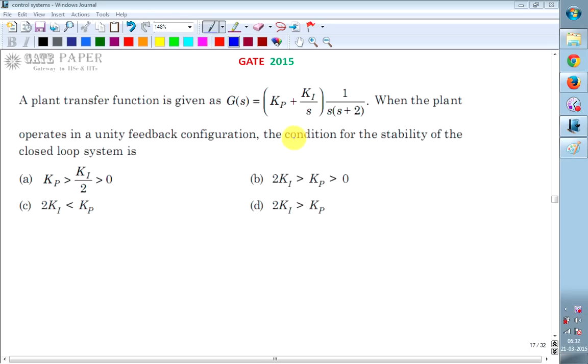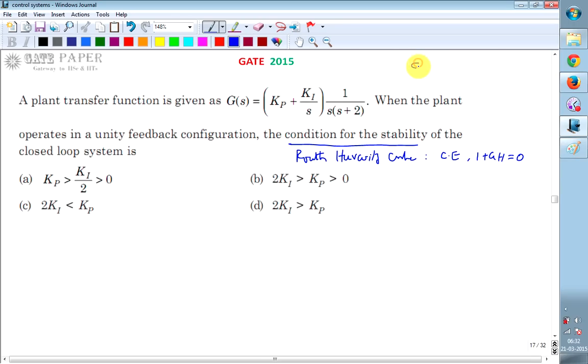Condition of stability is generally specified with the help of Routh-Hurwitz criteria. Routh-Hurwitz criteria requires a characteristic equation. The characteristic equation is 1 + GH = 0.